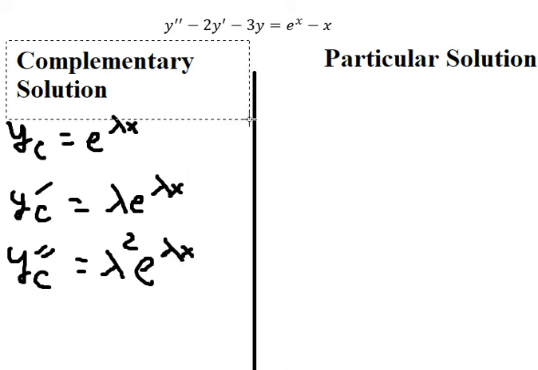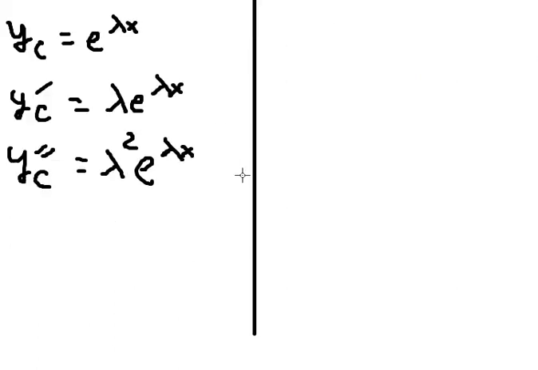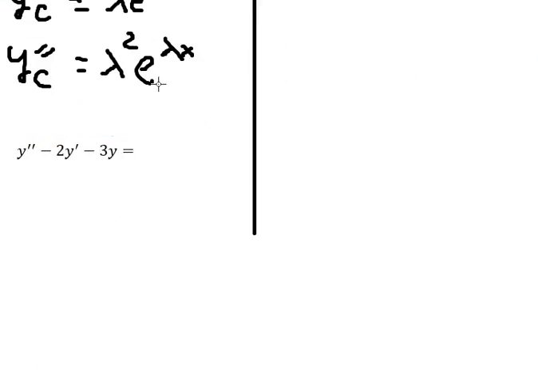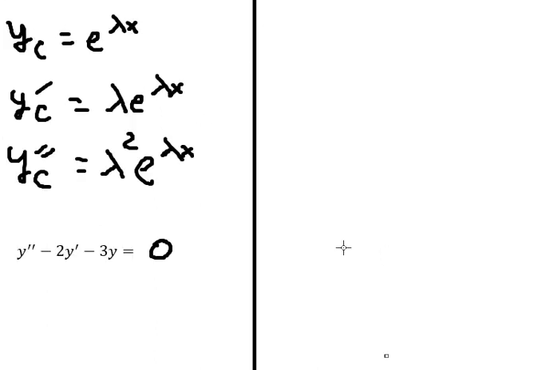Because this is the complementary solution, this equals number 0. And now we know that we put this one in here, this one in here, and this one in here.